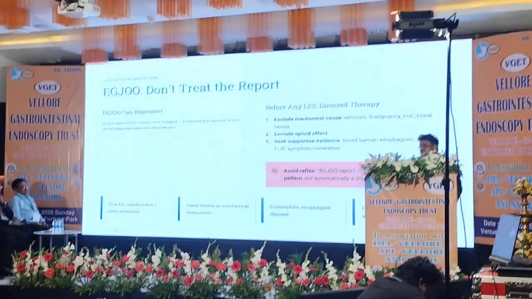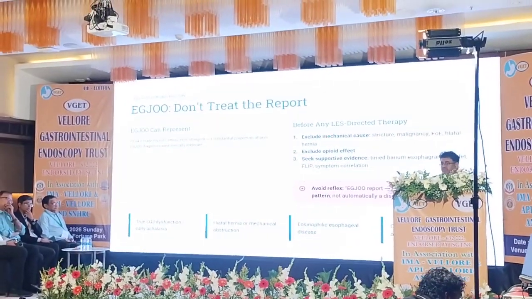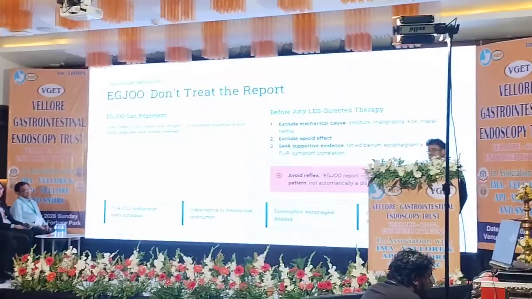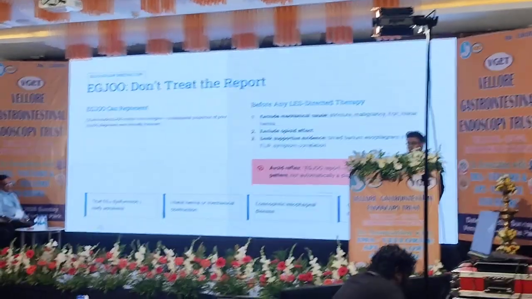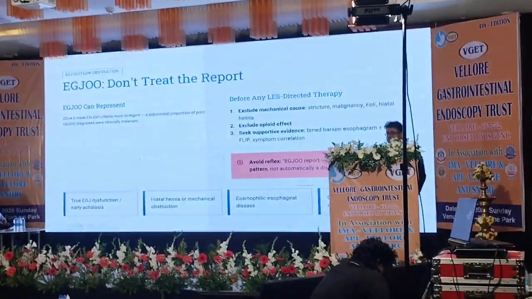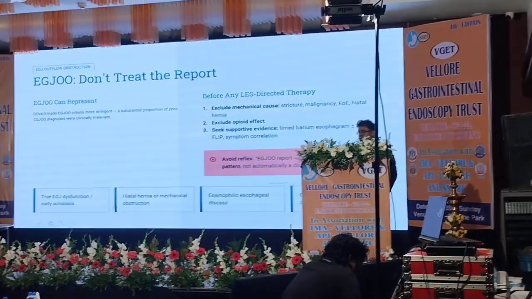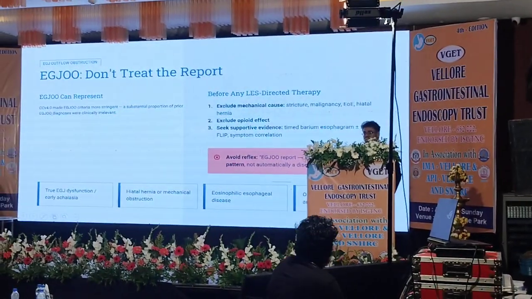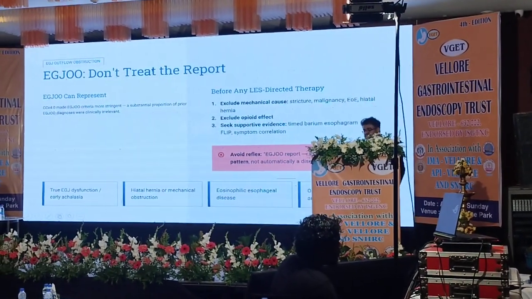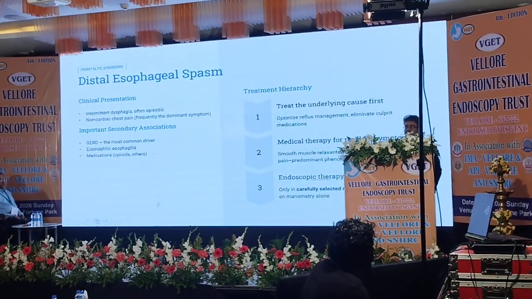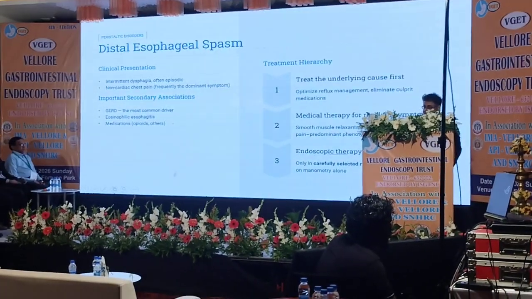And the role of the timed barium esophagogram and EndoFLIP will be very important in these areas, because as per the Chicago 4.0 version, TBE as well as EndoFLIP will aid in diagnosing EGJOO and differentiating it from achalasia. And distal esophageal spasm has already been discussed.